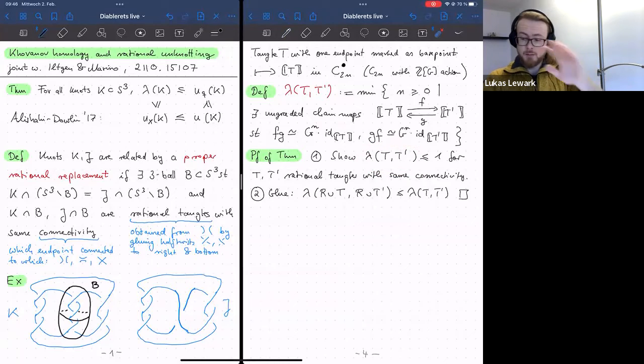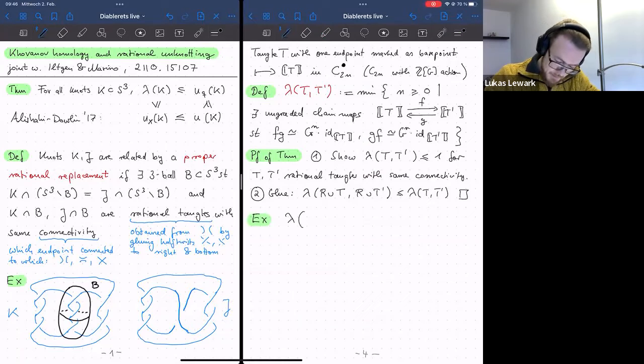I won't show it for general rational tangles, but let me show it for these two. Let us compute lambda of this tangle and this tangle.